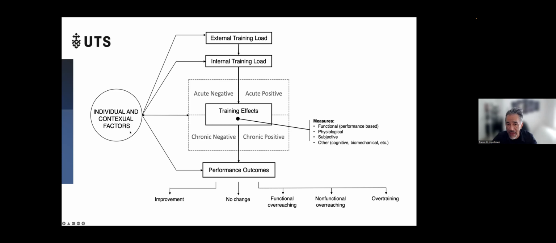And contextual factors, for example, are environmental, psychological traits, and all these kinds of factors that can influence the response. And of course, these individual and contextual factors can be influenced by the training itself, or the other way around. So there is an interconnection between all these variables.